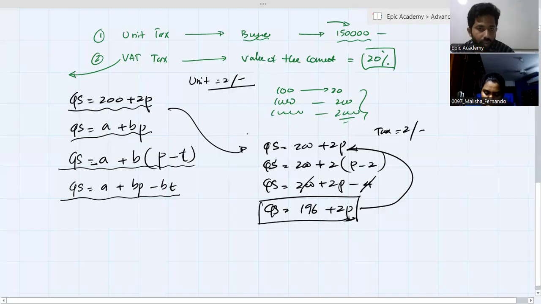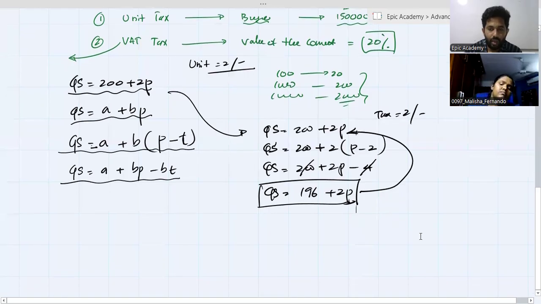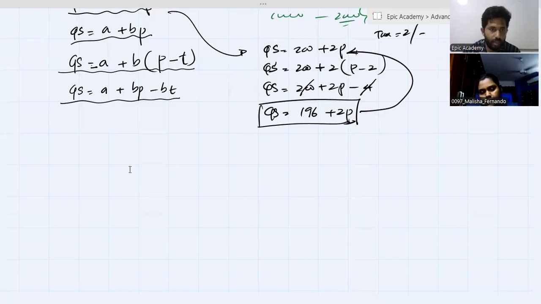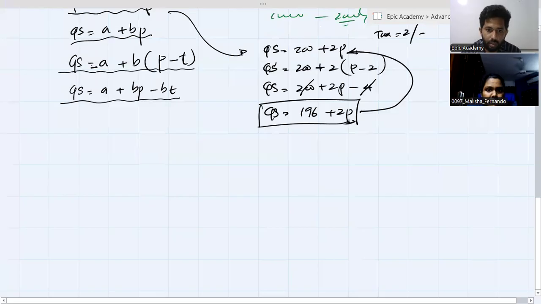Now, after enforcing the unit tax, you can identify that the value for A is going to change.